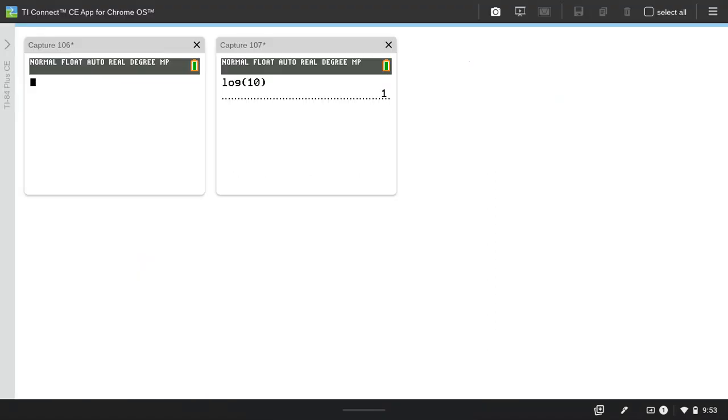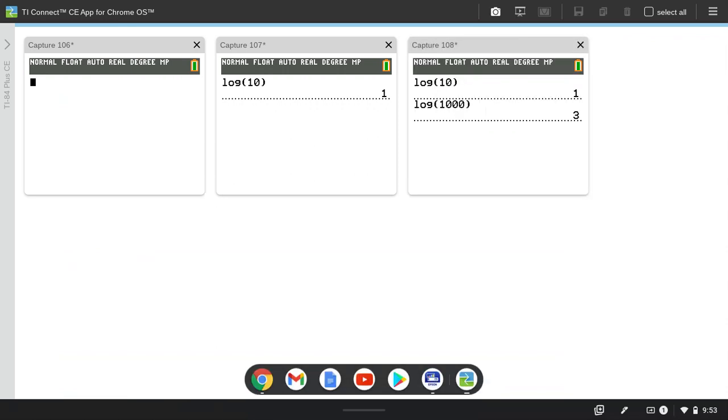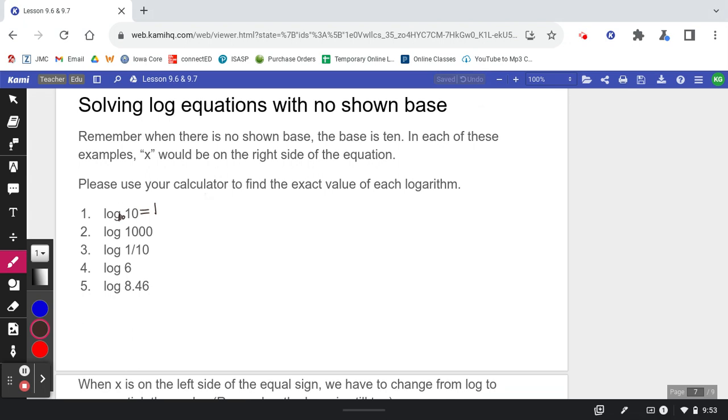So just type in log of 1,000, which is 3. And I continue, so log of 1/10 is -1. Log of 6.78 and log of 8.46, 0.93.